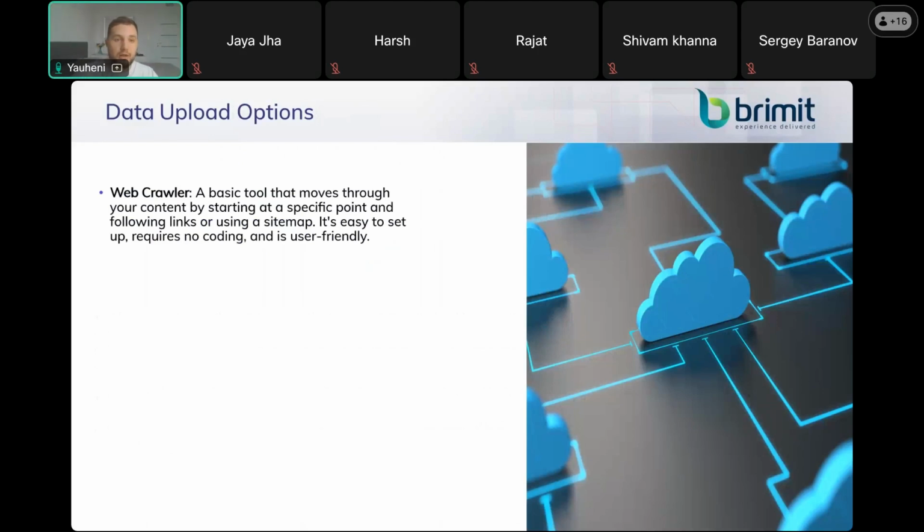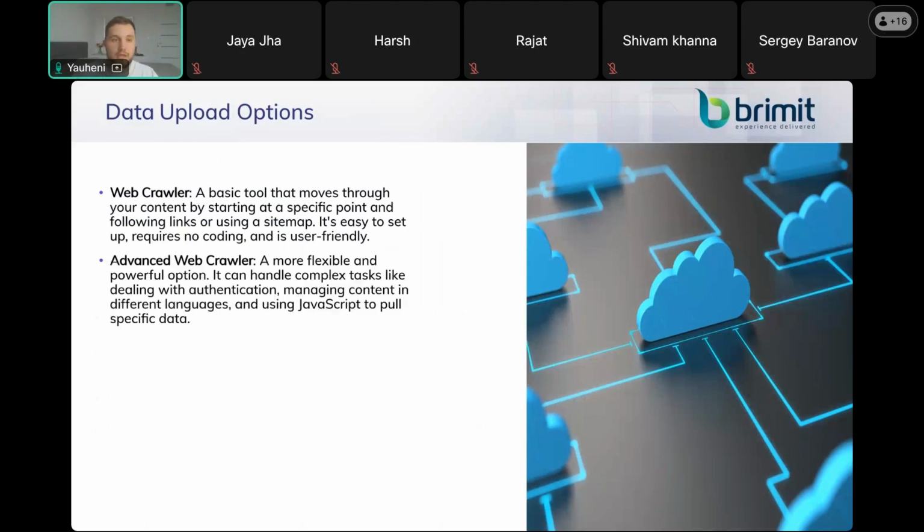But the web crawler has some minuses. The first minus is that we cannot get data for different languages, and also if our site has a login or something like that, we cannot set this up in the web crawler.